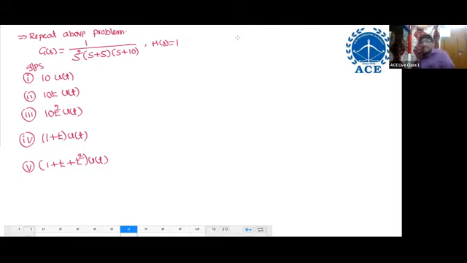I told one statement before starting steady state errors. What is that? Steady state errors are valid for only closed loop stable systems.